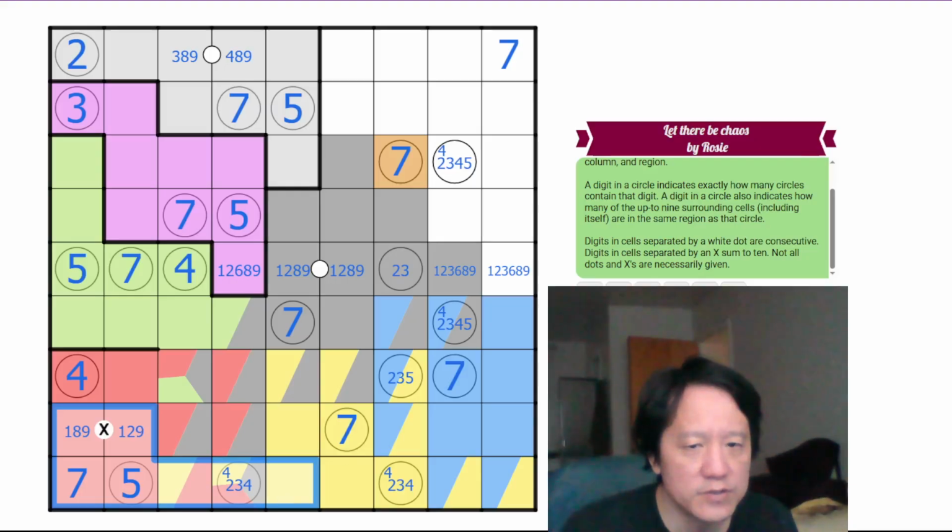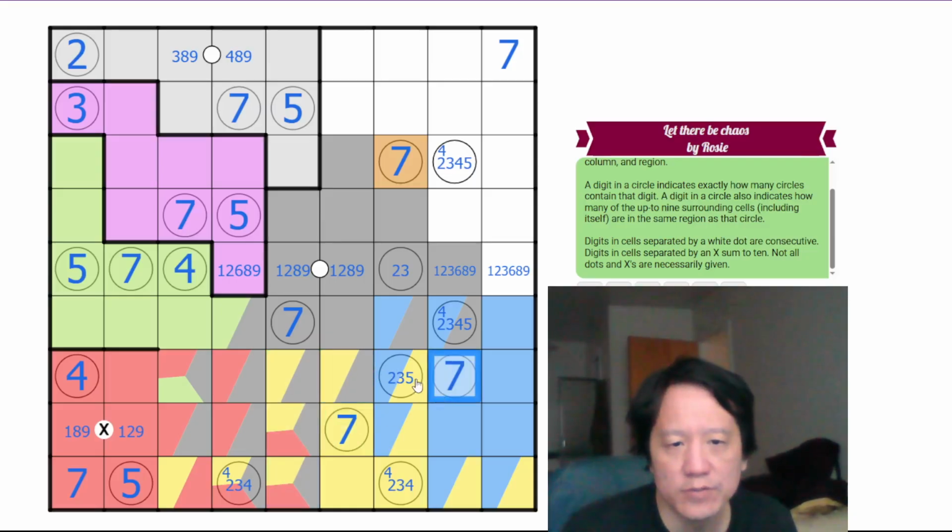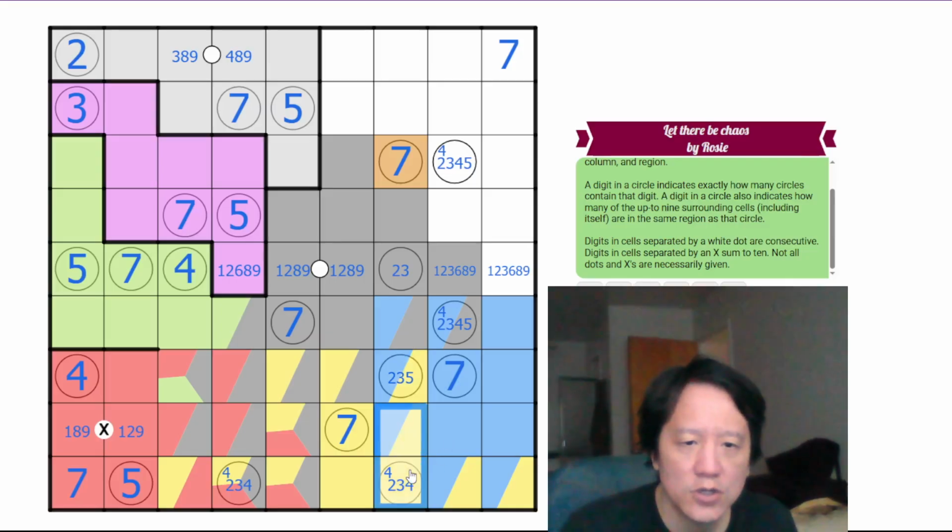That's 7. So we could go 2 more here, 2 more here. Medium can go up to here technically. Can't go here because that's part of another region. Blue could go here. Blue could technically go that way.